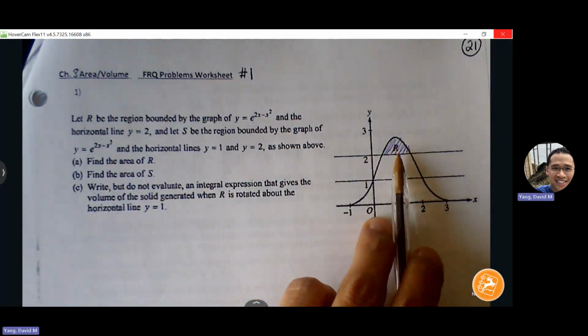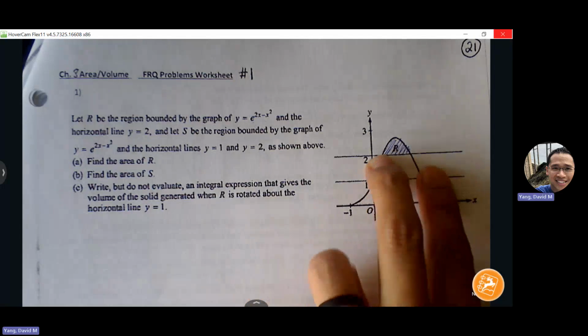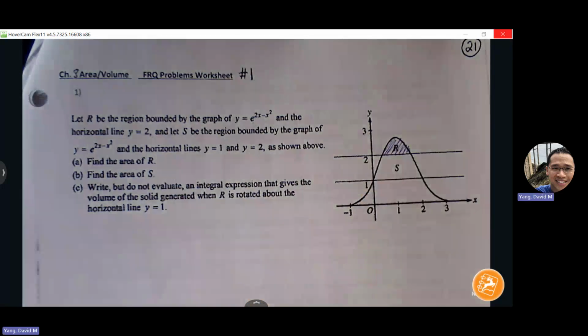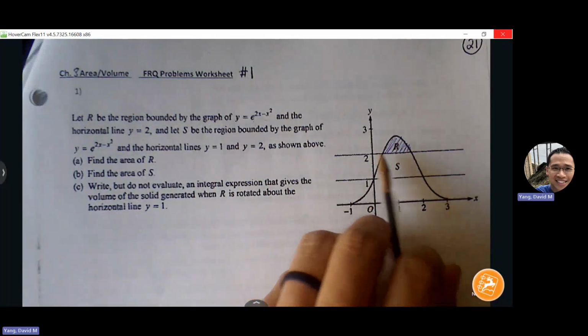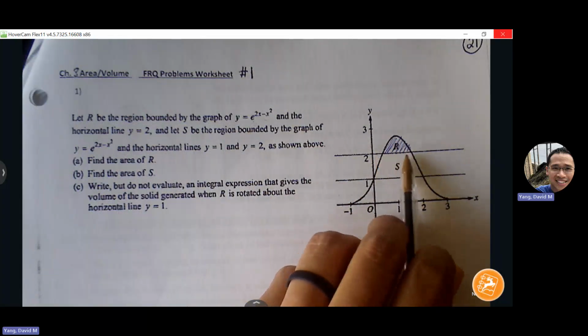Area is just top minus bottom. All we need is to find the bounds. And then we just do vertical rectangle, right? All right, so try that. You're going to have to put e to 2x minus x squared in the calculator, as well as y equals 2. Find those intersections, and those intersections will be the bounds that you need for your area formula.